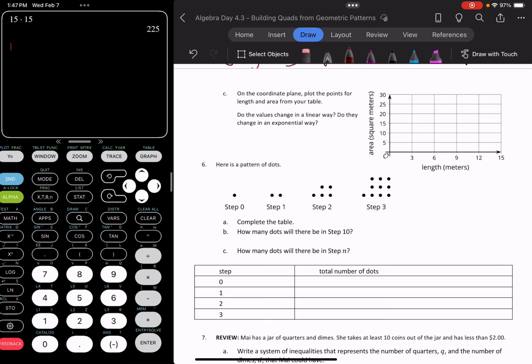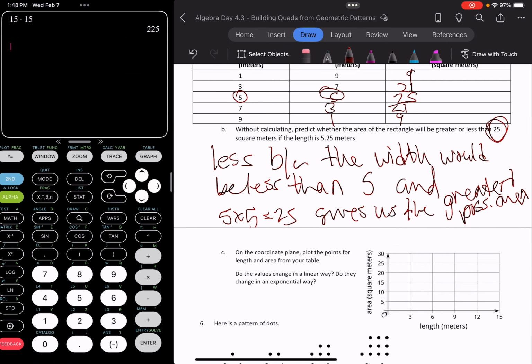Letter C says, on the coordinate plane, plot the points for the length and area from your table. Do the values change in a linear way? Do they change in an exponential way? So again, we're doing length and area. So for a length of 1, we have 9. For a length of 3, we have 21. For a length of 5, we have 25. For a length of 7, we have 21.